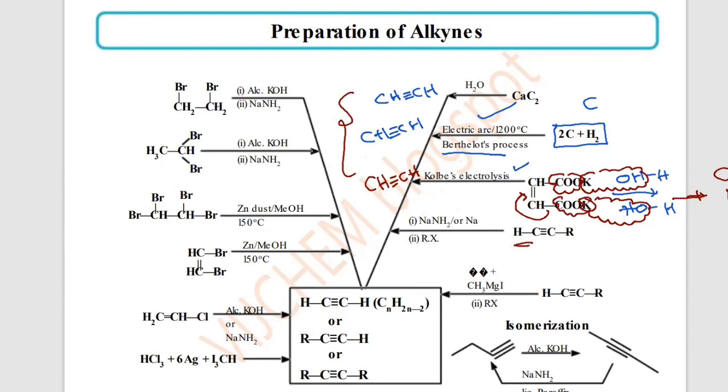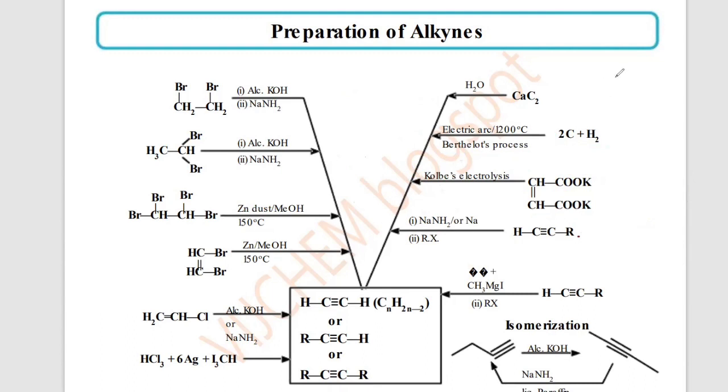So before going further, let me explain this method once again. Okay. Now RC triple bond CH. This is what we call acidic hydrogen.